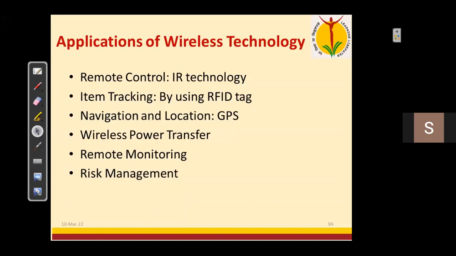Nowadays we can use wireless to transfer power also, so we can charge a mobile without a wire. We can monitor certain parameters using wireless technology, maybe the health of a patient, and wherever there are disasters, maybe an earthquake, such management can be done using wireless technology.